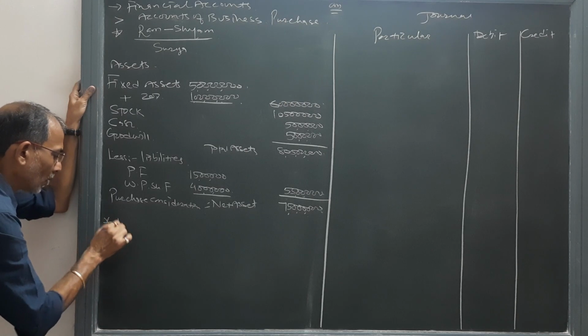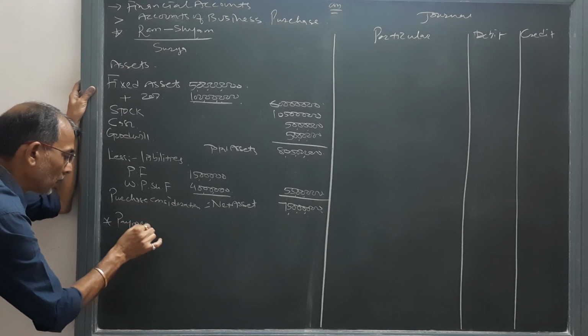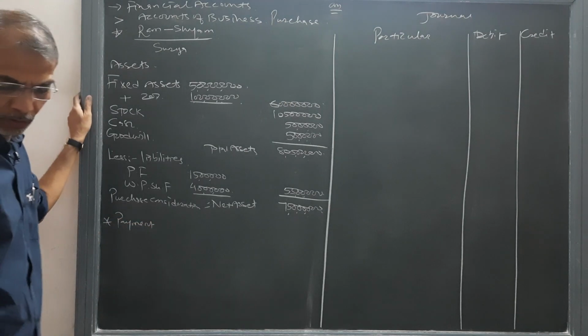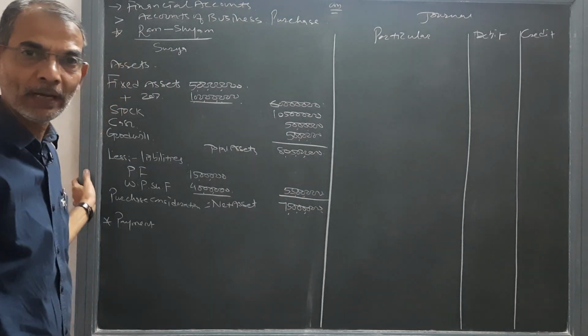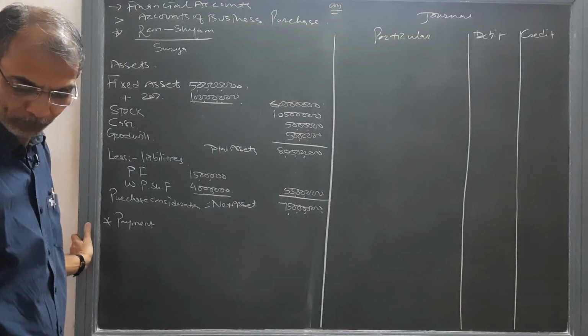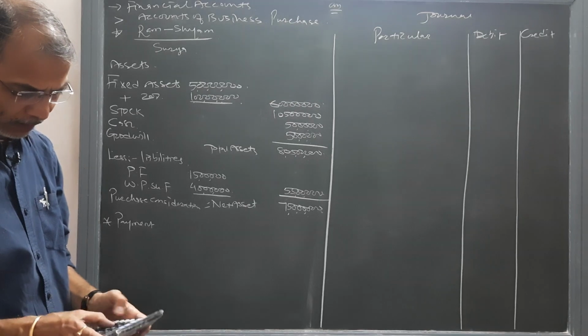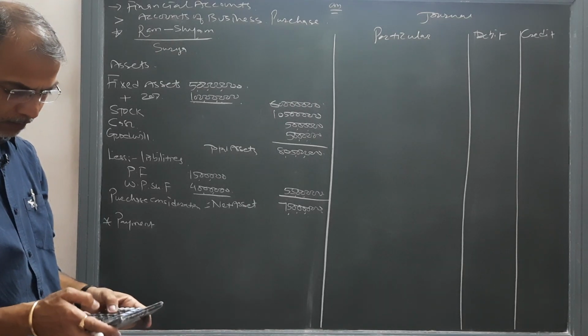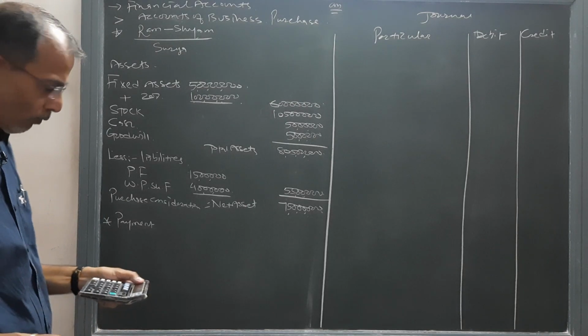Now for payment, 7 crore 50 lakh will be divided by 150. So 5 lakh equity shares.